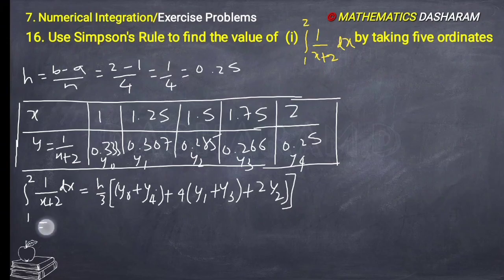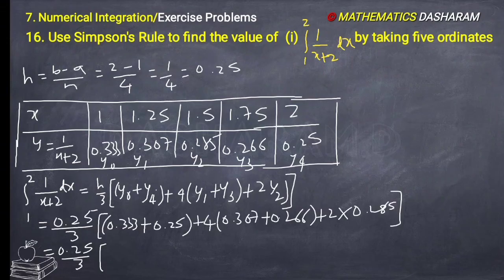Now substitute the values in this. 0.333 plus 0.25 is 0.583, plus 4 into the addition of these two decimal numbers, which is 0.573, plus 2 into 0.285, which is 0.57.